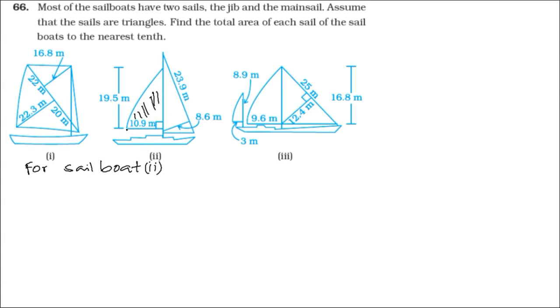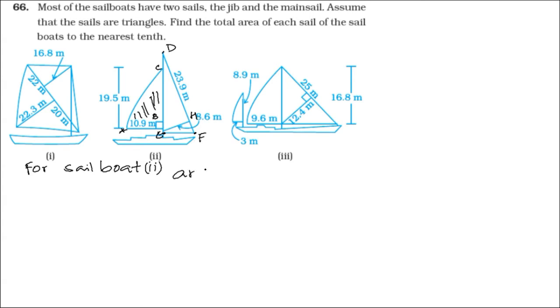Let me name this as triangle ABC, and one more triangle. Let us name this particular point as D, this point as E, this is F, and let this be H.